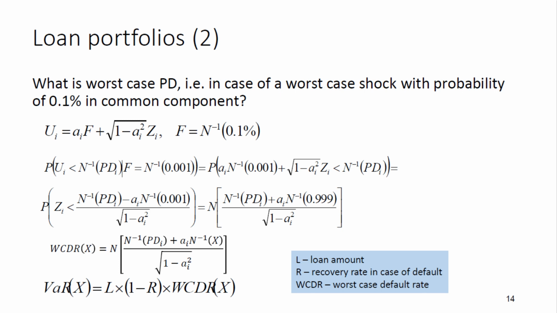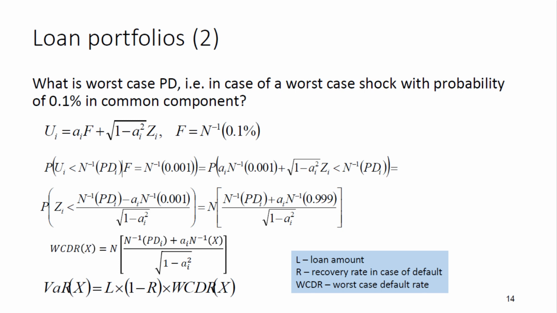The probability of asset i going into default is the probability that U_i drops below its threshold, which is exactly the normal inverse of the PD_i, under the condition that there is this shock in F. Next, I substitute for U_i the vector model, which is A_i times the factor, but the factor is this negative shock of normal inverse 0.001, a very extreme shock, plus the idiosyncratic effect, the Z_i. And in order to go into default, this needs to fall below its threshold.